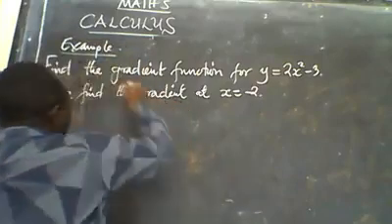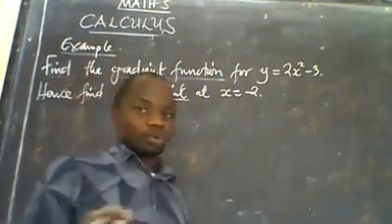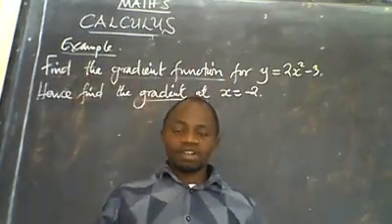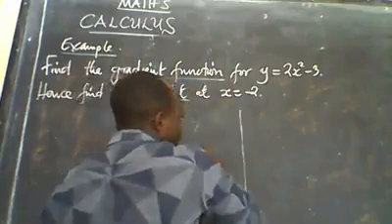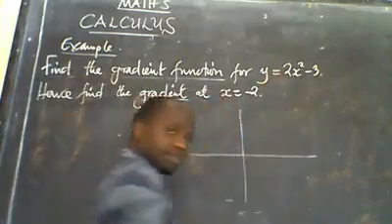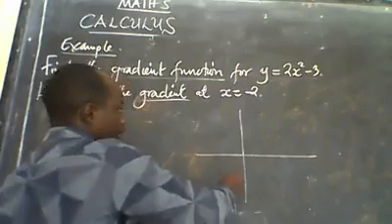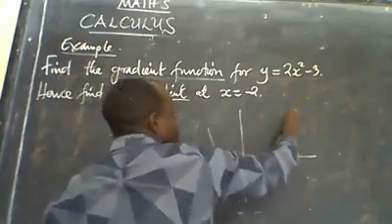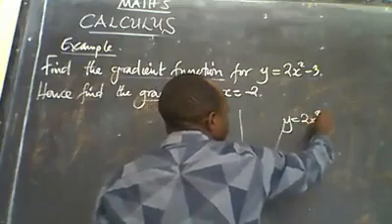So we are told that we have to find the gradient function as well as the gradient, 2 different things. But what do they mean by that? If you have a Cartesian plane, then we have the curve, and it's not a straight line. This curve is y is equal to 2x squared minus 3.